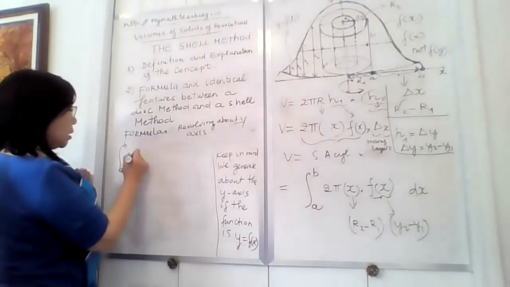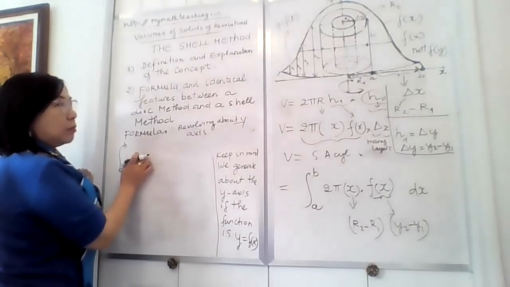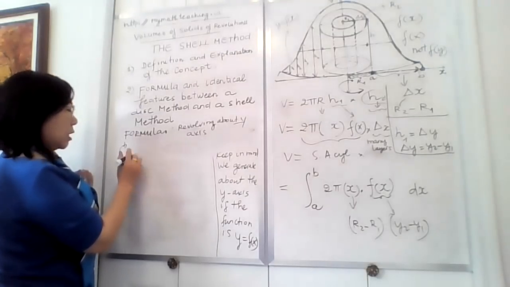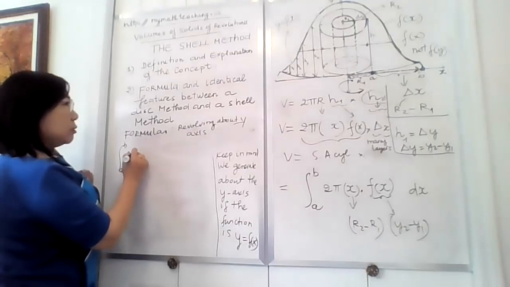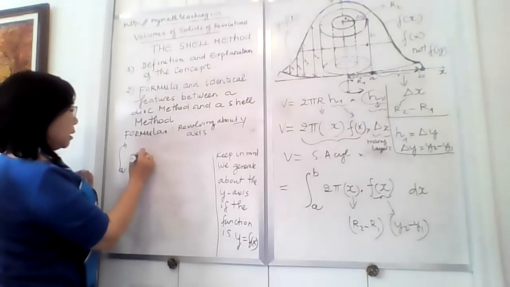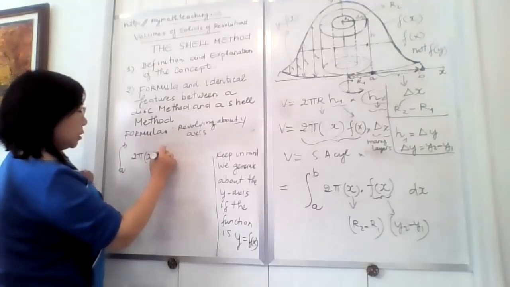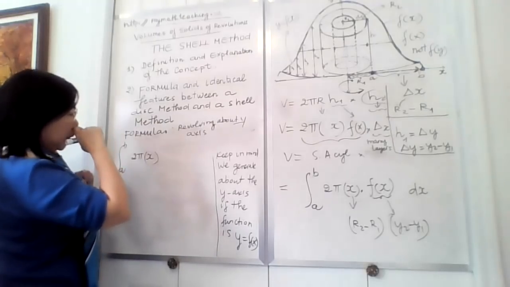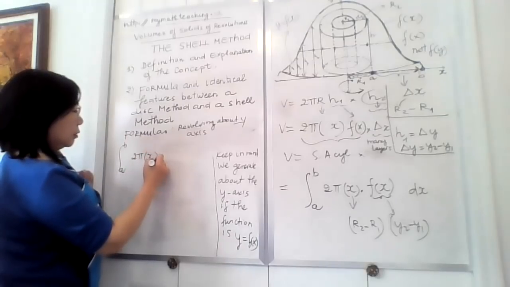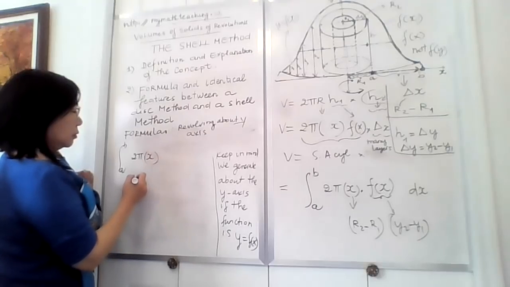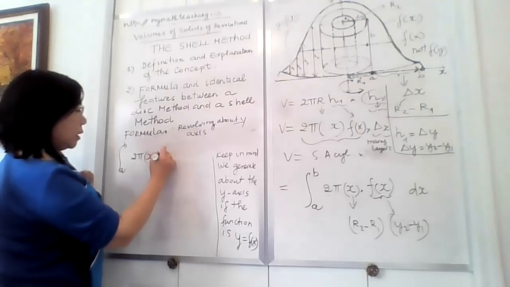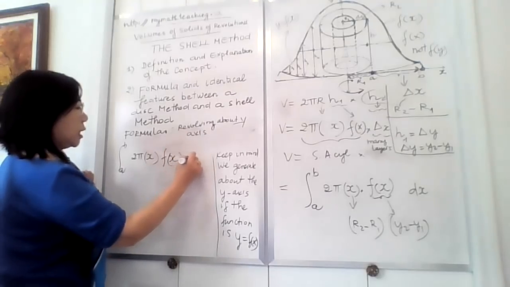So the formula is the perimeter of the circle, or the circumference, times the height, right? So our perimeter will be 2 pi r, but our r is actually the x here, right? Times f of x and dx.